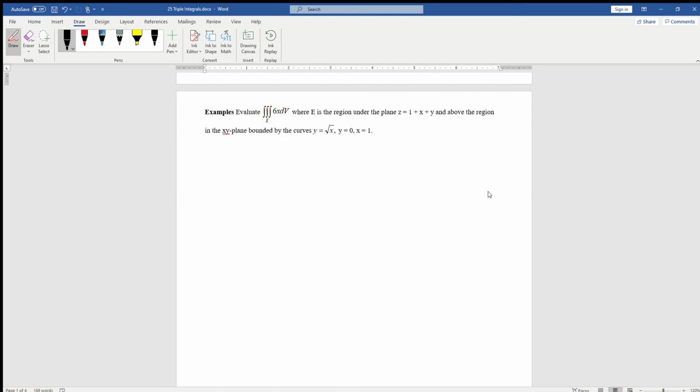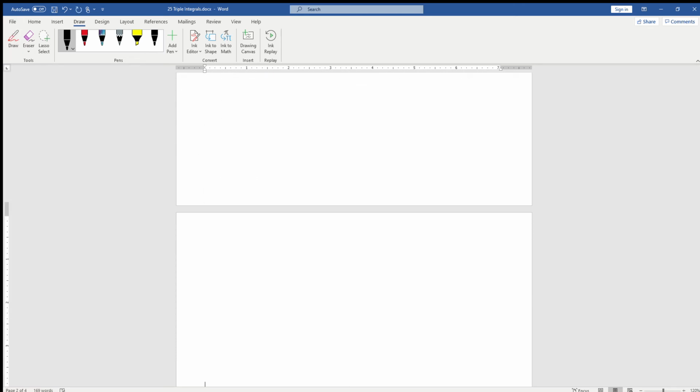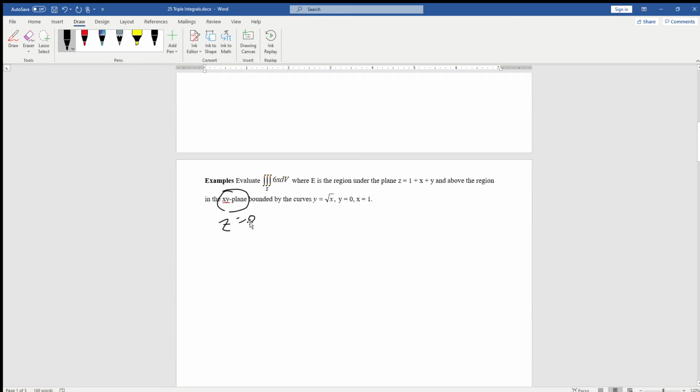The equation for the xy plane is z equals 0, so we have to be cognizant of that, because we're trying to find everything above the xy plane. That means in this case, z is going to go from 0 to 1 plus x plus y.